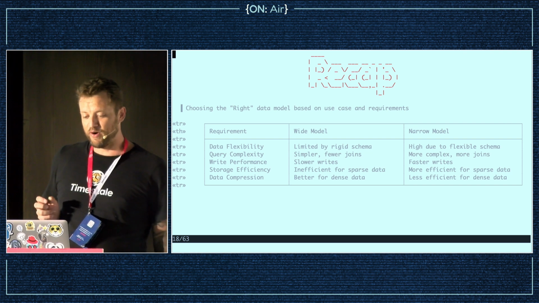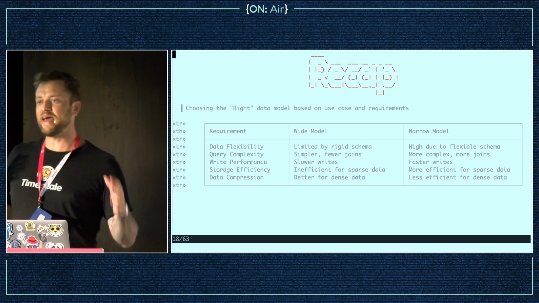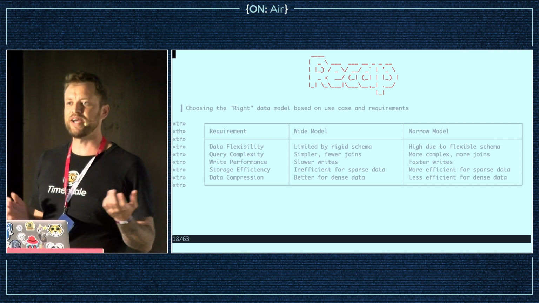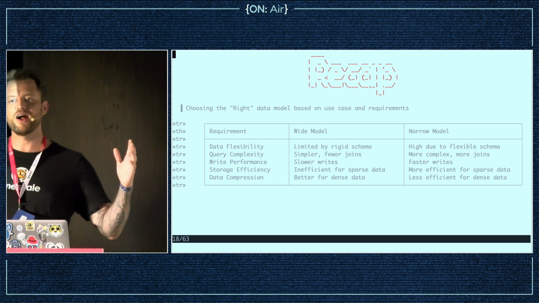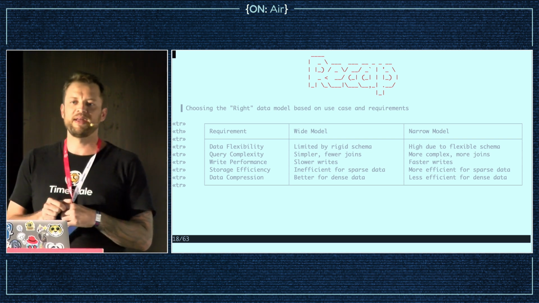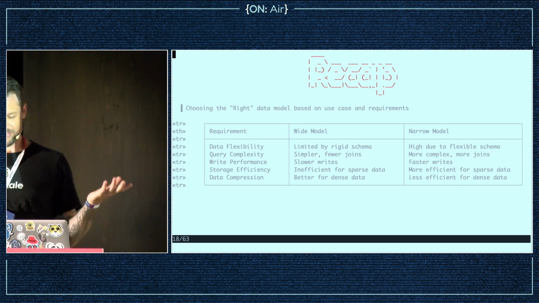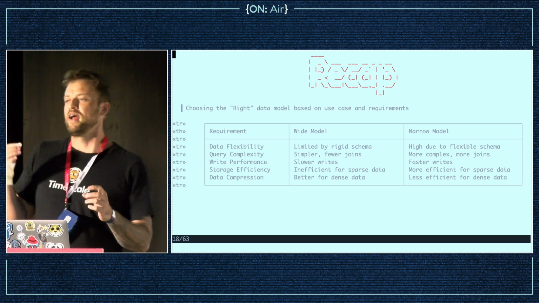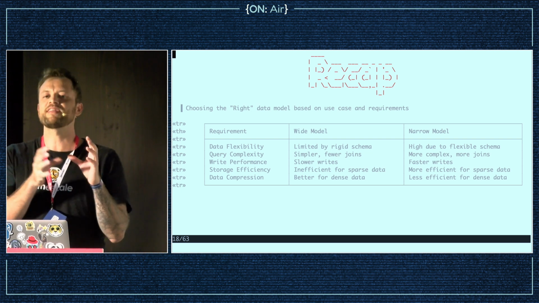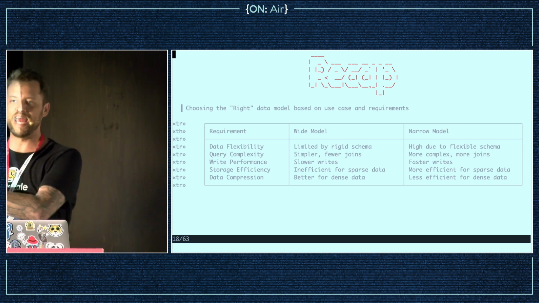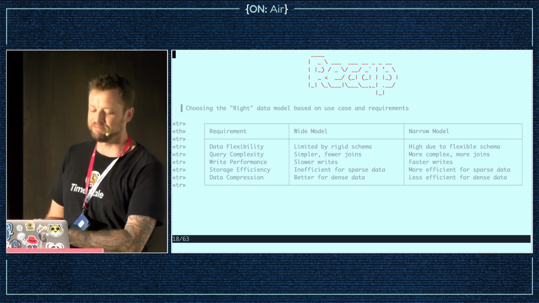And for writes, maybe that will be the inverse, right? So if you are writing a very large table, maybe you spend too much time on writing, and maybe not all the values are there, right?